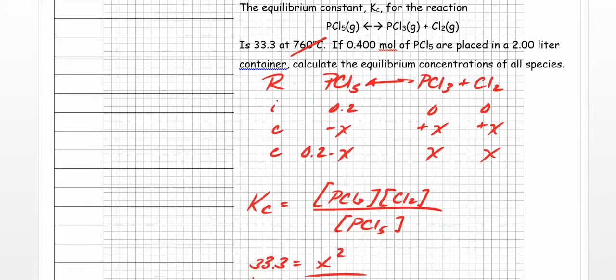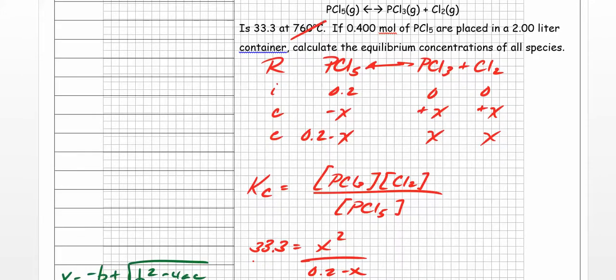So let's do that. Kc then is equal to products over reactants. All these are coefficients of 1, so I'll just go ahead and put a 1 here, a 1 here, and a 1 here. Not that it really matters, but that's the equilibrium expression. Products over reactants. So we've got the concentration of PCl3 times the concentration of Cl2 over the concentration of PCl5, just like that.